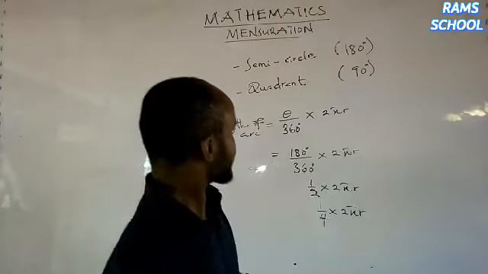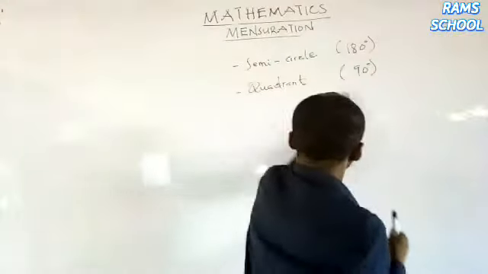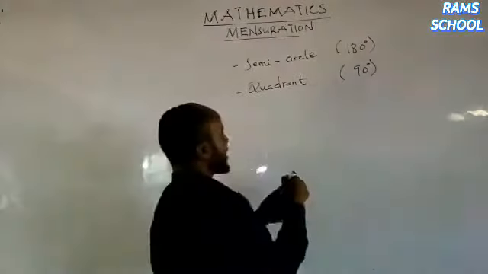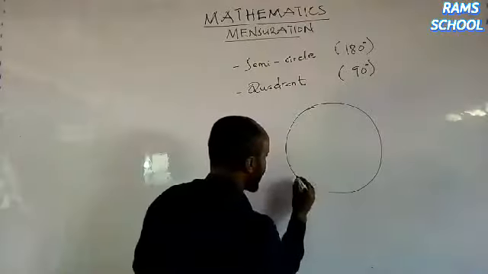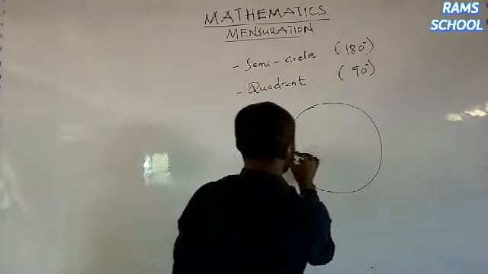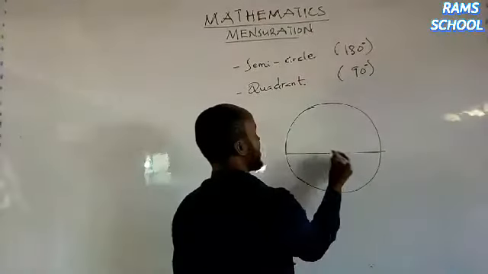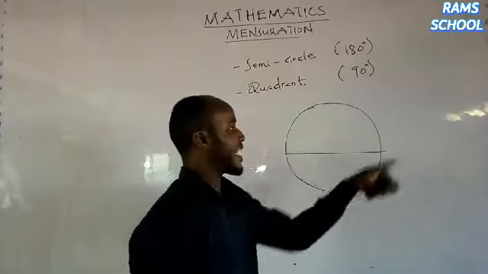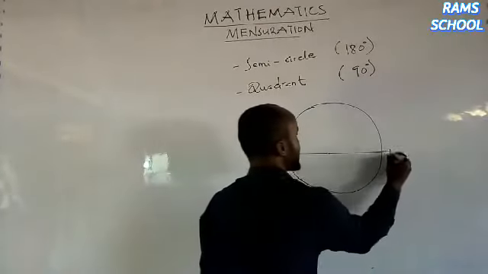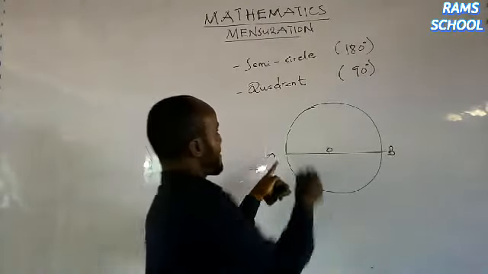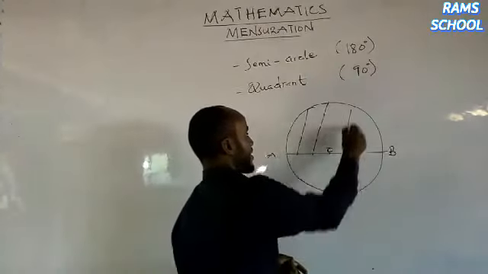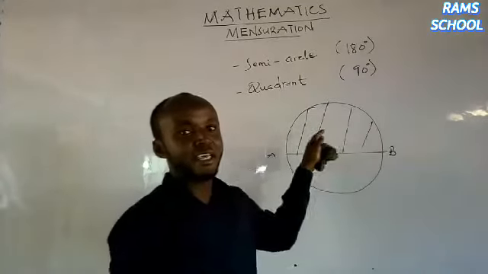Alright. So assuming you are given a diagram like this. If this is the center, it means that the line here is a diameter. So AB is a diameter with center O. So the shaded portion here becomes a semicircle.